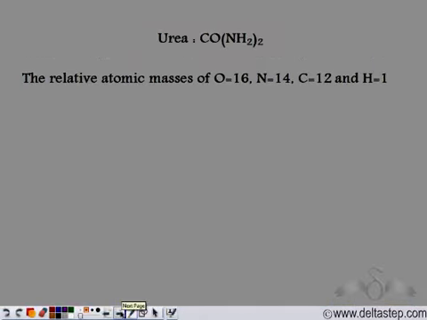So this is urea. First let's calculate the amount of nitrogen which is present in this urea. So if you observe, since nothing is written here, this is 1. So we have 2 atoms of nitrogen in urea. Each nitrogen has a relative atomic mass of 14. So for nitrogen which is present, since we have 2 atoms, we get 14 into 2 AMU.